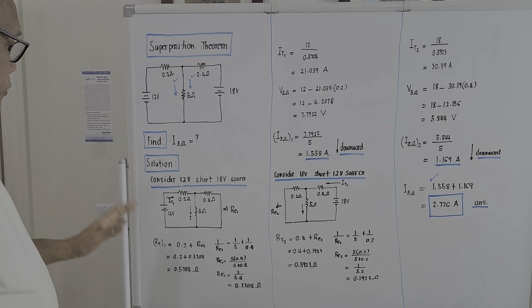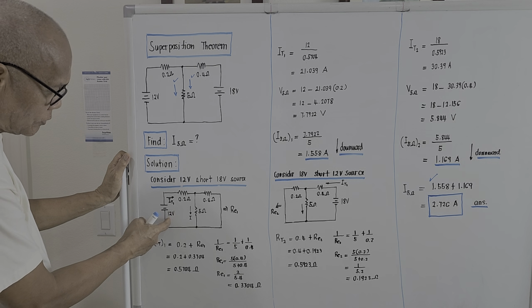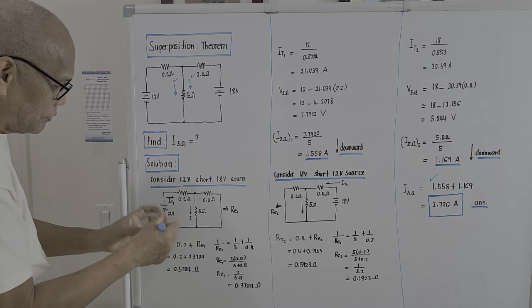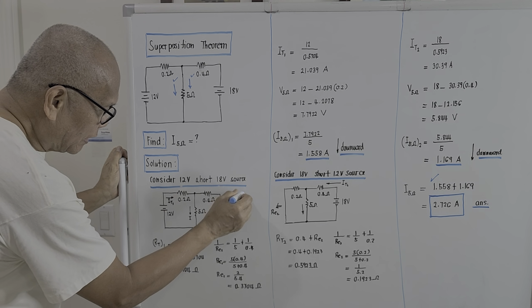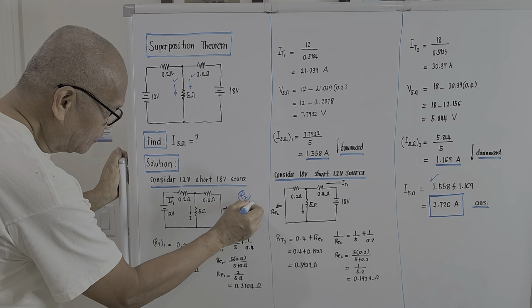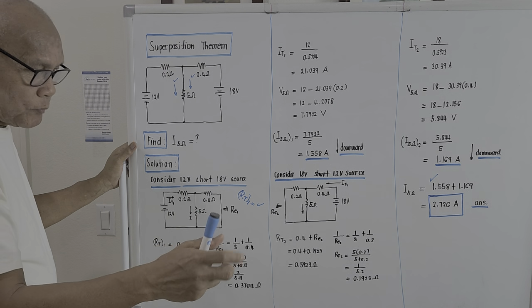To compute for the total current delivered by this 12 volt source on this 5 ohm load, we must first compute the single equivalent resistance of this. I refer to that as R total with the subscript 1. Let's formulate the equation.